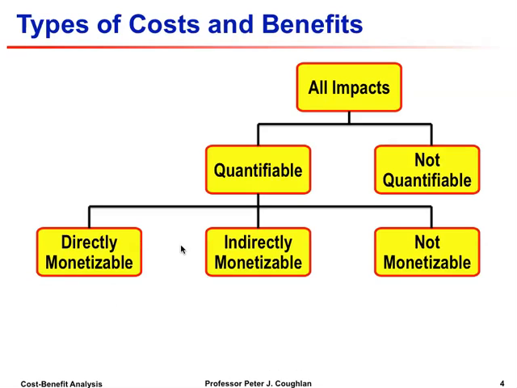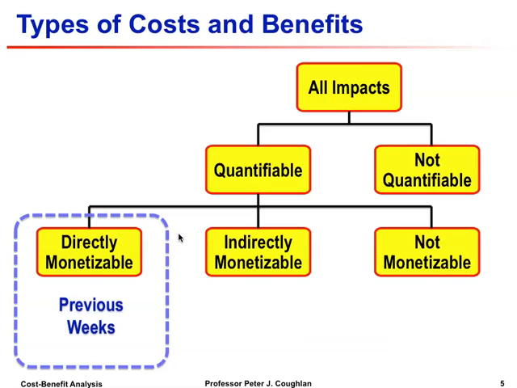So for example, budget impact or direct costs or total lifetime costs, these sorts of things, usually on the cost side, are directly monetizable. Although on the benefit side too, things like cost savings are certainly directly monetizable. And that was what we've covered in previous weeks of the course.